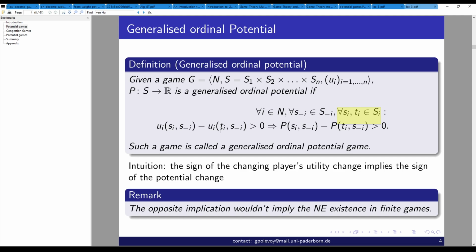Let's see how it changes from playing Ti to playing Si when the others play S minus I.